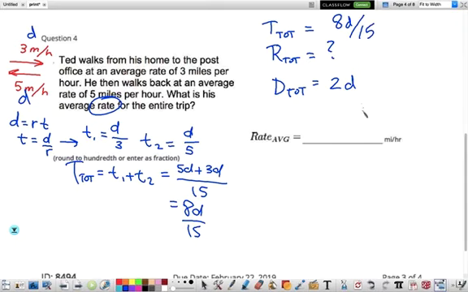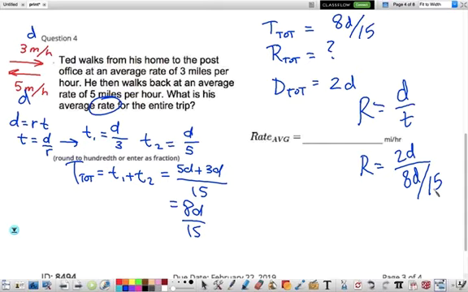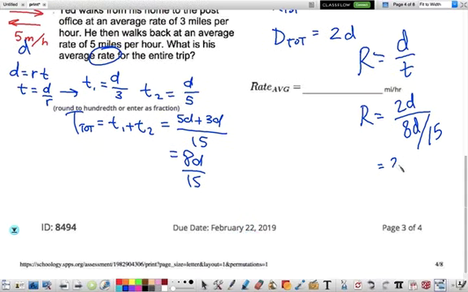Now we divide like usual. Rate equals d divided by t. So rate equals d, which is 2d, over time, which is 8d over 15. Multiply by the reciprocal, right? 2d over 1 times 15 over 8d. Cancels.